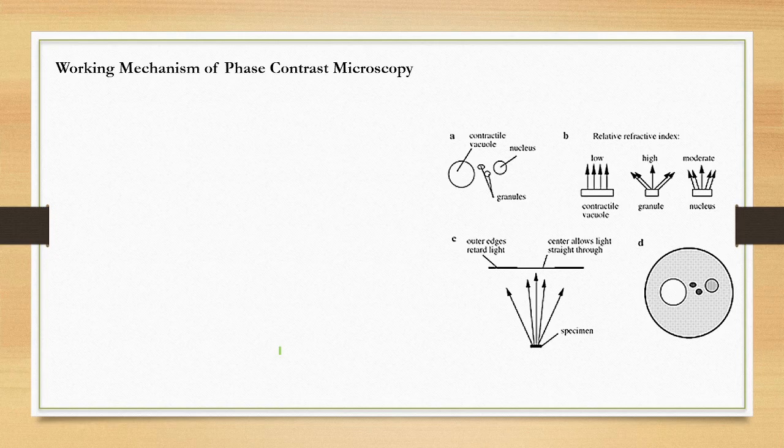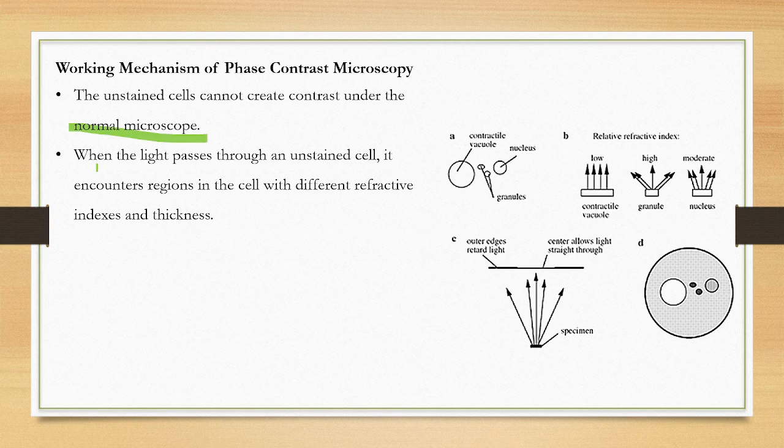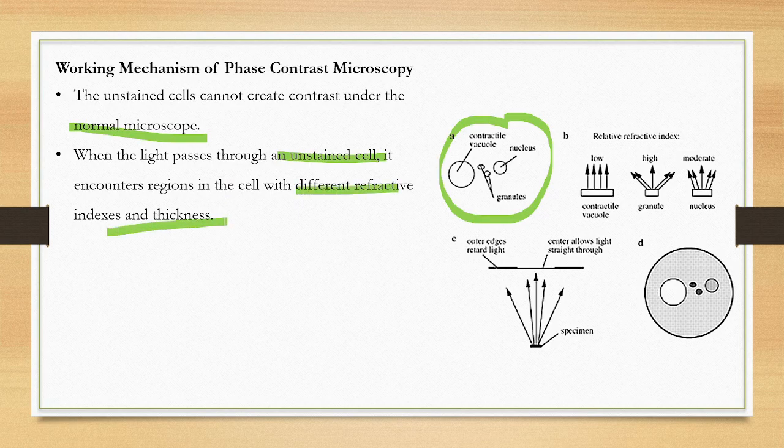So what is the working mechanism of phase contrast microscopy? Unstained cells cannot create a contrast under a normal microscope. But in a phase contrast microscope, when the light passes through an unstained cell, take this one for example, it encounters regions in the cell with different refractive indexes and thickness.